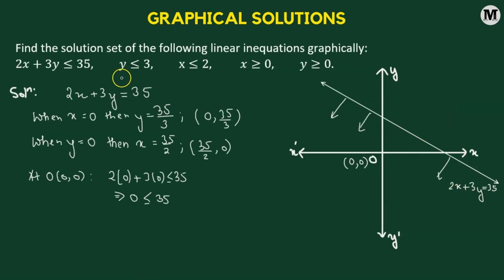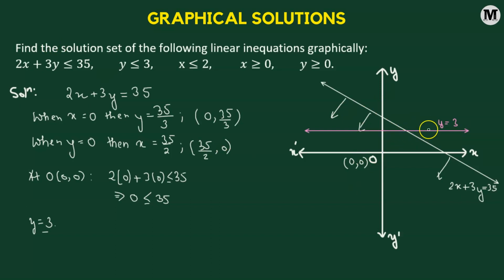Now, coming to the next inequality, we have y less than or equals to 3. Now, if we convert it to an equation, we're going to get y equals to 3. We know that y equals to 3 is going to be a straight line that passes through the point y equals to 3, and it's going to be parallel to the x-axis. Now, the line y equals to 3 divides the xy plane into two regions.